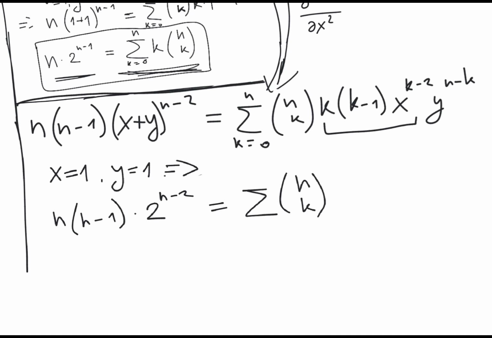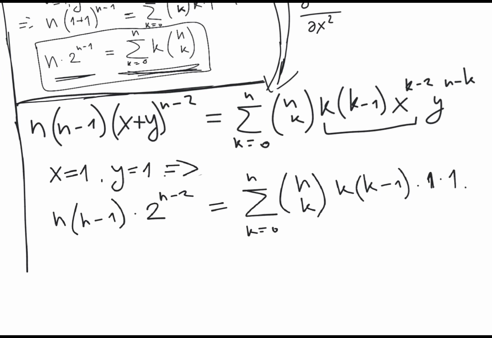of the binomial coefficient for k from 0 to n, and here we have k times k minus 1, and then 1 and 1.